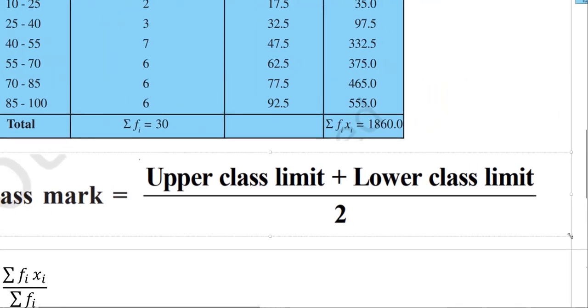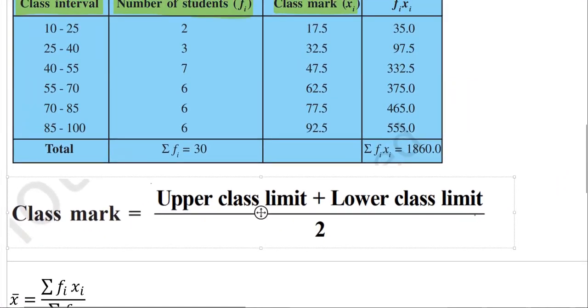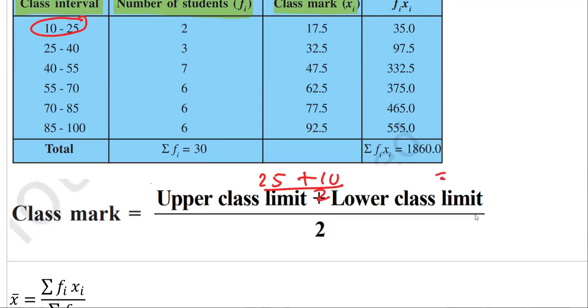Now, let me take some examples of how to calculate the class mark, or the middle value. It is upper limit plus lower limit divided by 2. That is, 25 is the upper limit plus lower limit 10, divided by 2. That is 35 divided by 2, which comes out to be 17.5.